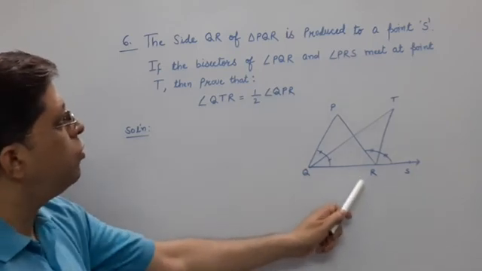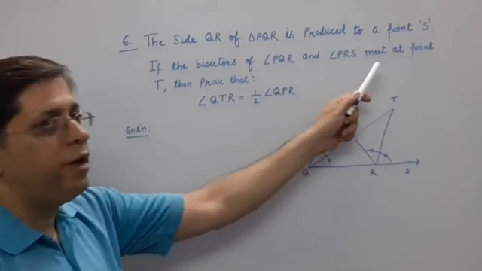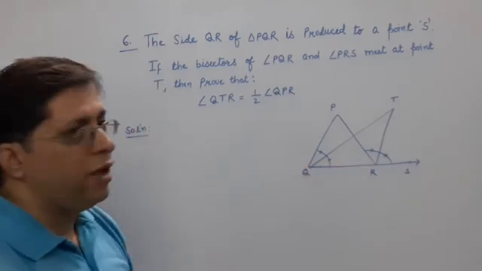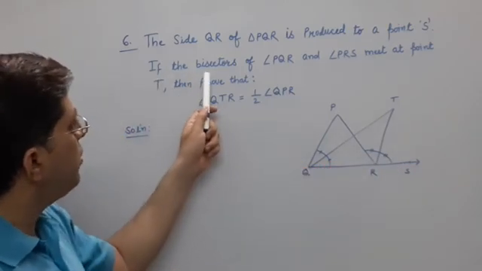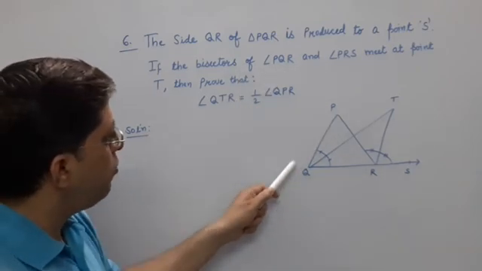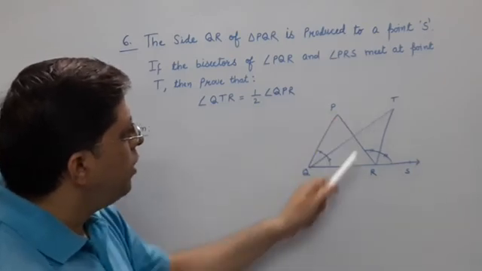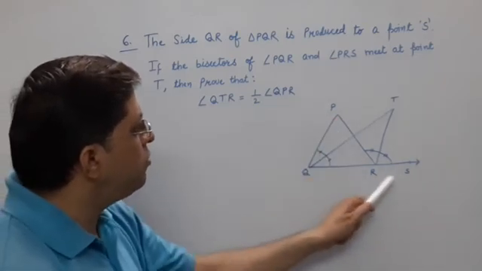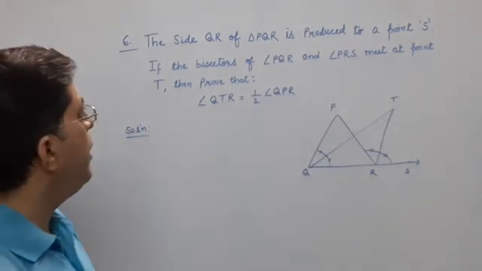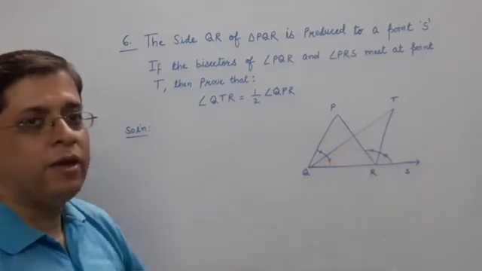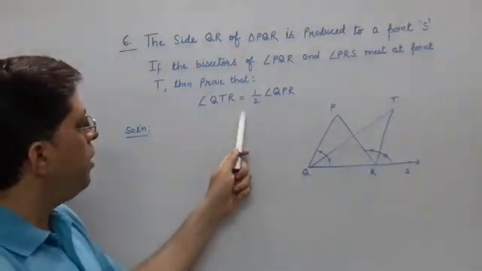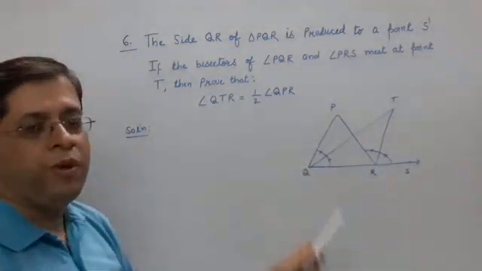Its one side QR is produced to a point S. Point S is here; I am extending QR up to point S. If the bisectors of angle PQR and angle PRS, the bisector of PQR is this, and the bisector of PRS is this RT, meet at a point T, you have to prove that angle QTR is equal to half of angle QPR.